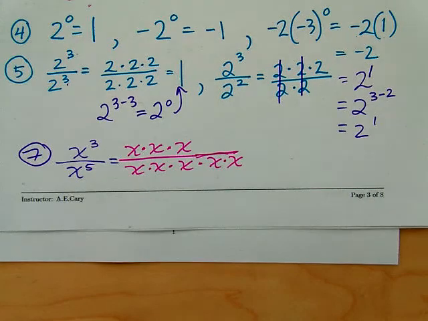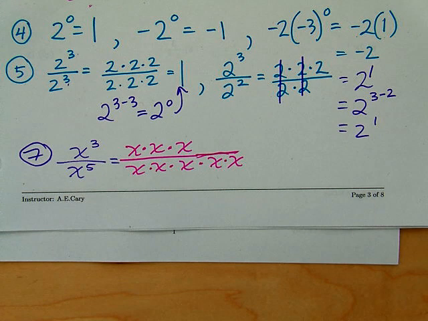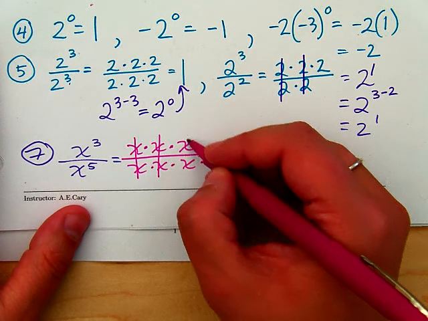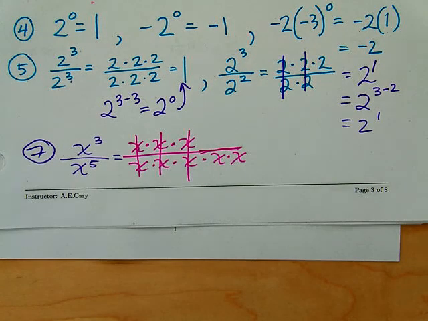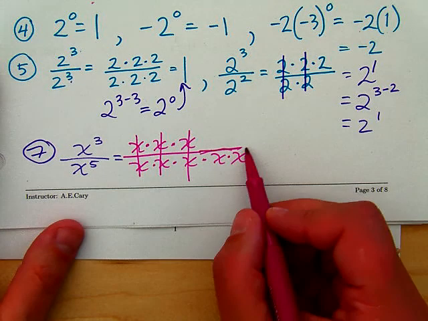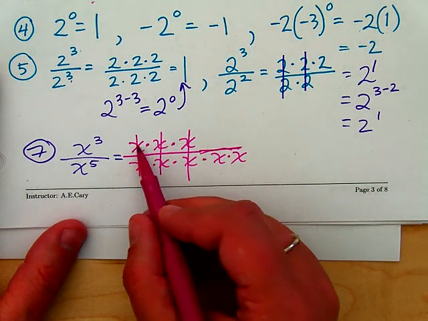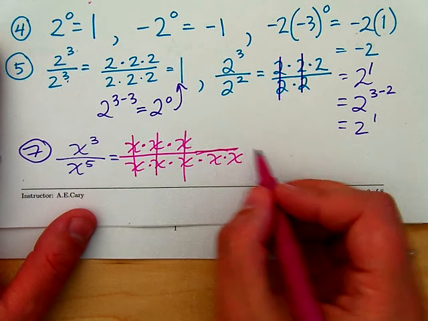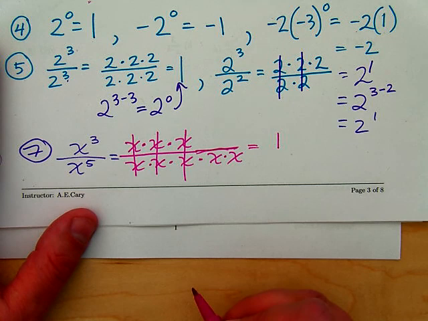What is x divided by x? Any number divided by itself is 1. Yes, I said I was going to come back to it in just a second. So all of those cancel out with each other, right? Leaving what? What's in the numerator? X divided by x is 1. So in the numerator, I just have 1, don't I?